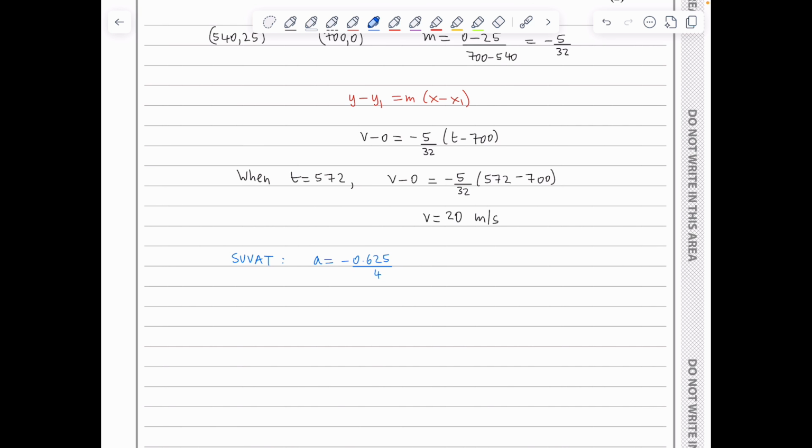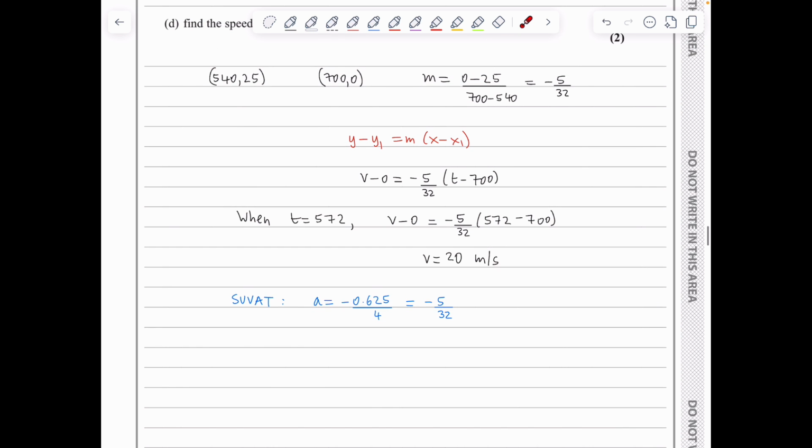The negative sign is indicating deceleration. This gives an answer of minus 5 over 32, which of course agrees with the gradient we found just a while ago here. And I'll be using that v is equal to u plus at.